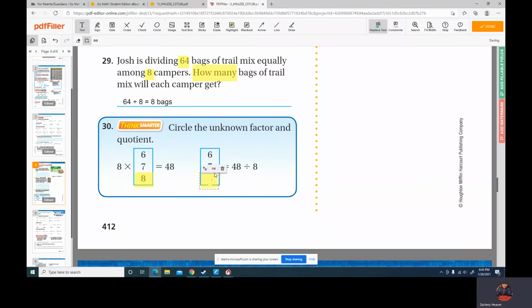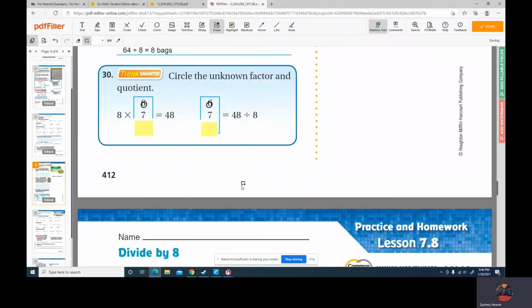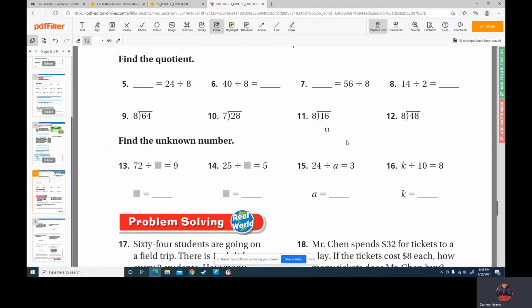It's not 8. It's actually 6. So 8 times 6 is 48, and 48 divided by 8 is 6. So it's 6.